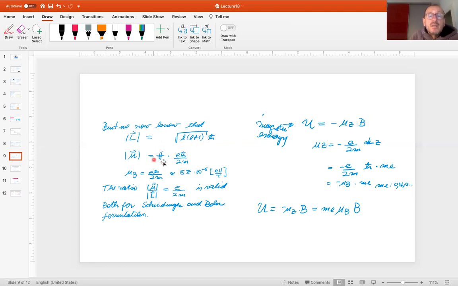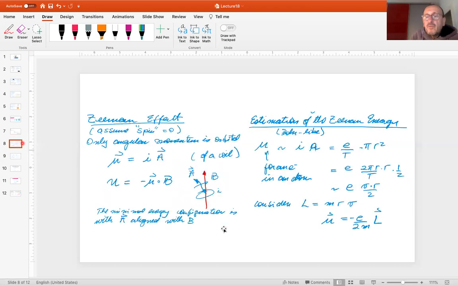This is an integer number, times this factor here, because the only thing that I did from here to the next is replace this by square root of L times L plus 1 times h bar.